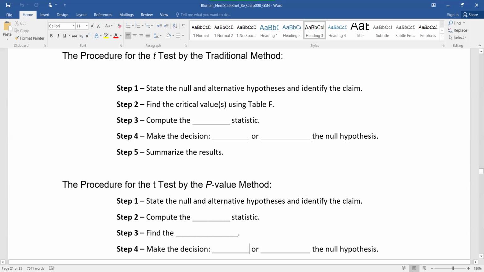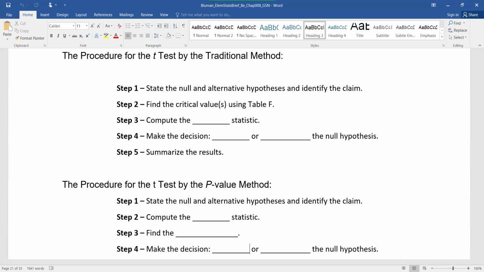The procedure for the t-test by the traditional method is, just as always: Step 1, state the null and alternative hypotheses and identify what you're claiming. Are you thinking it's equal to, or is the alternative either less than, greater than, or not equal to? Step 2, find the critical values using our table F. Step 3, we are going to compute the test statistic.